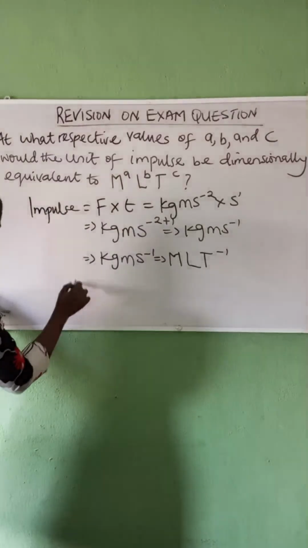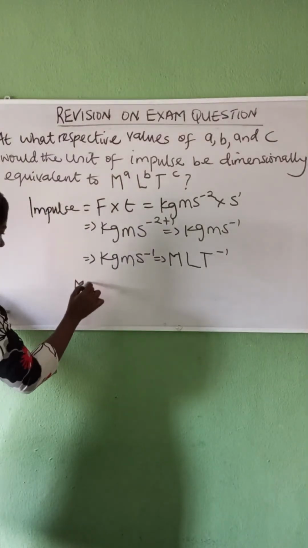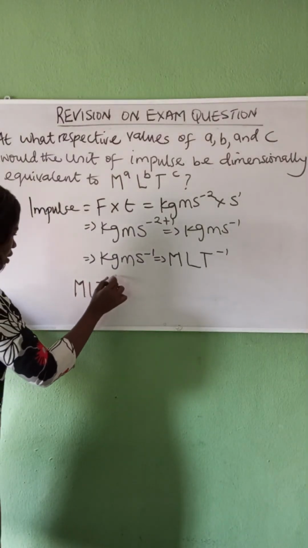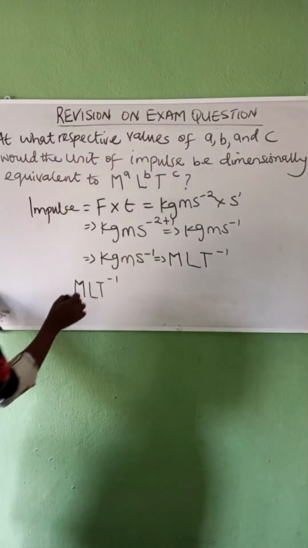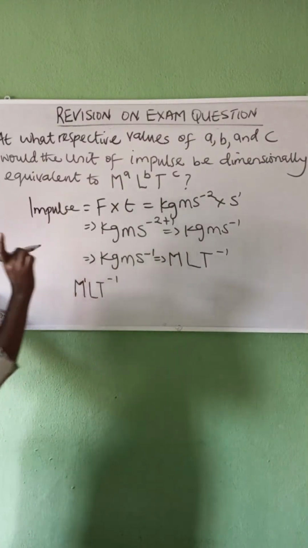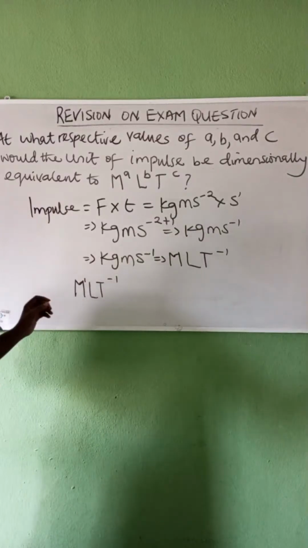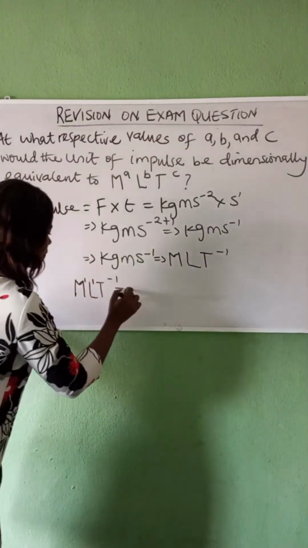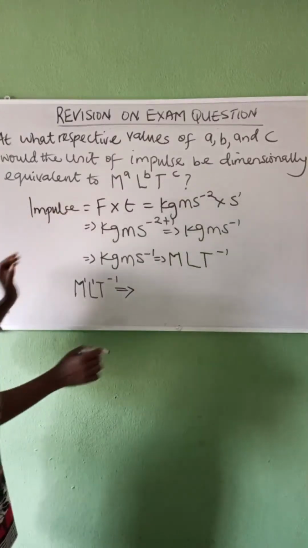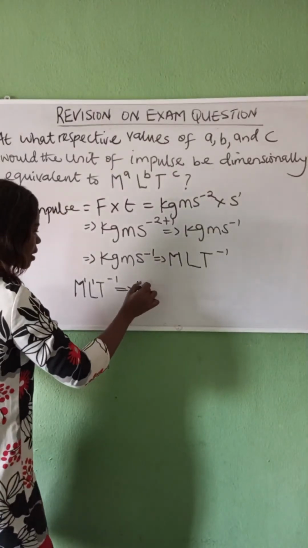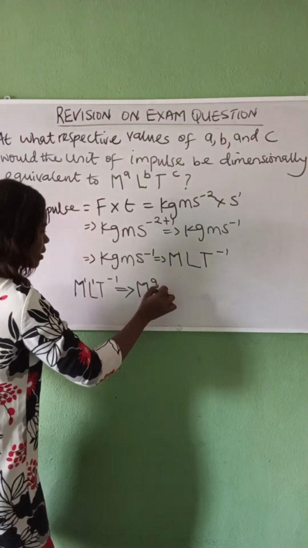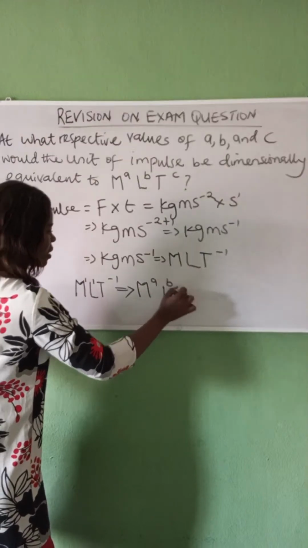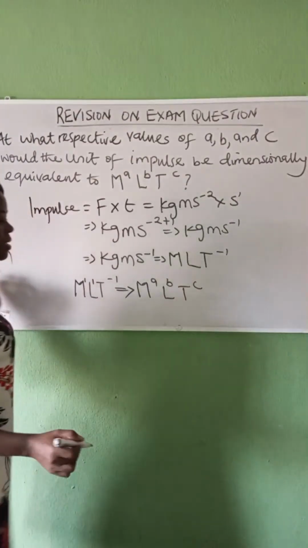So I will say M L T power minus 1, right? The M, which is for mass, has a power of 1. So I equate it to M power A, L power B, and T power C, right?